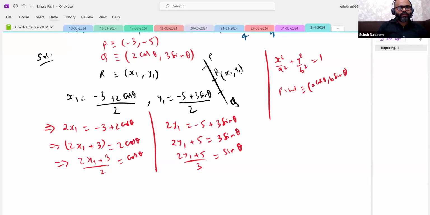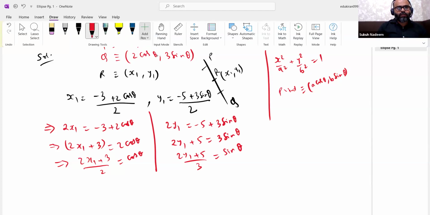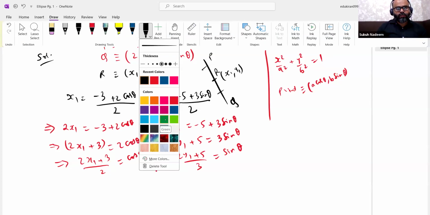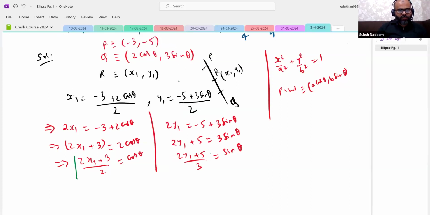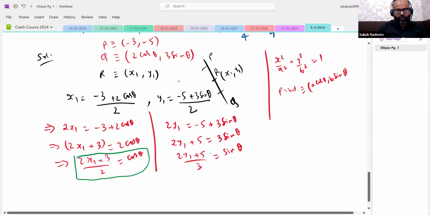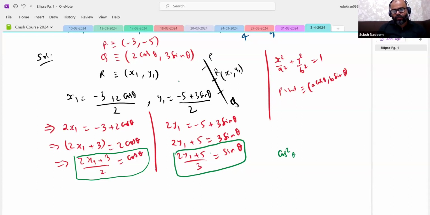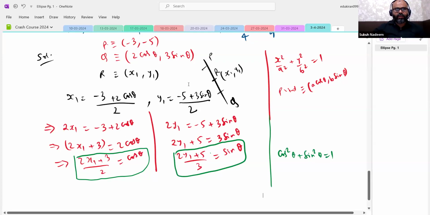After getting this, what you can do is you can take this value of cos theta, and this value of sin theta, and apply the identity that cos square theta plus sin square theta is equal to 1. So we will apply this identity.